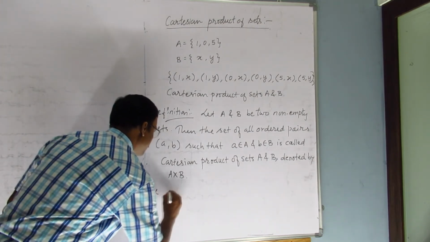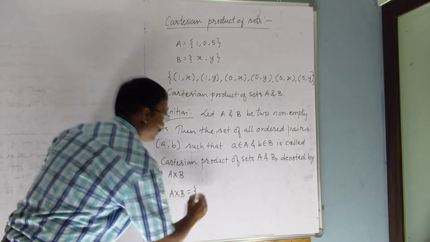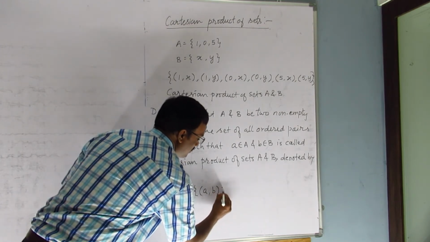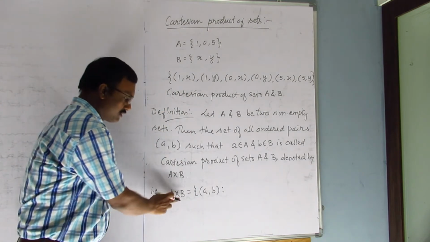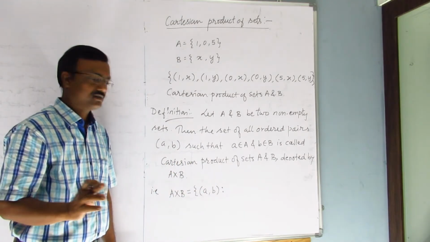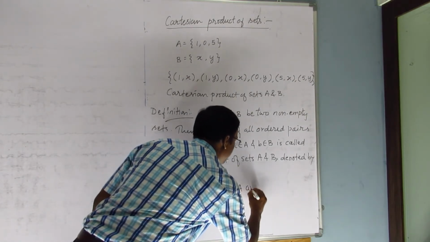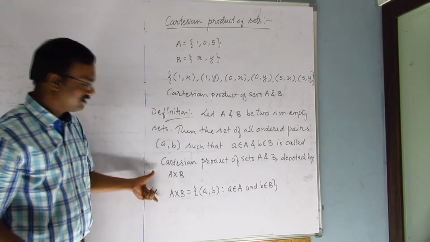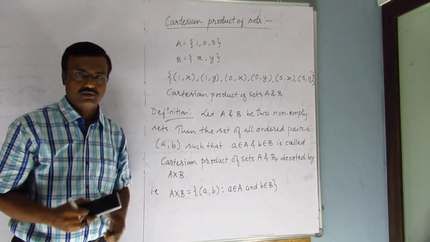That is, A cross B is the set of all ordered pairs (a, b) such that a belongs to A and b belongs to B. So this is the classical definition of ordered pair and then Cartesian product.